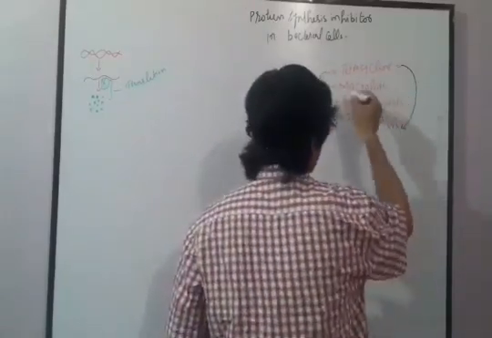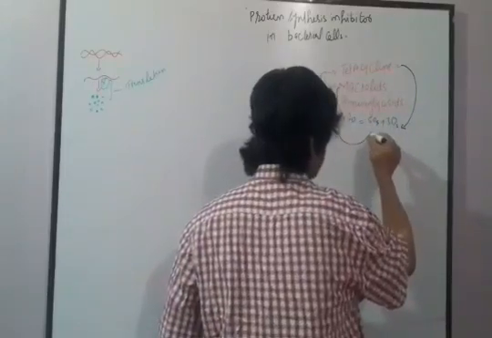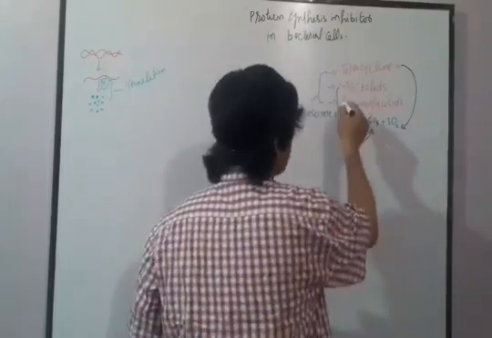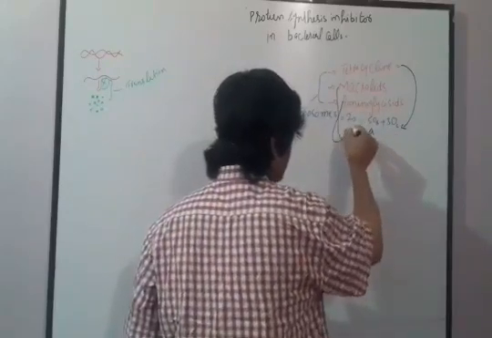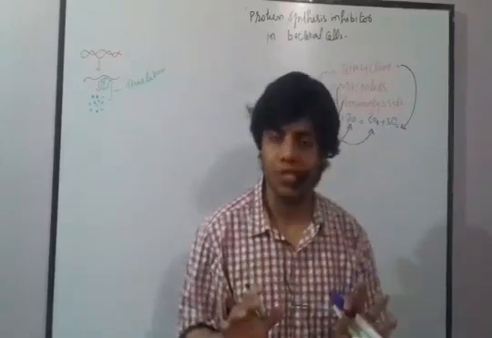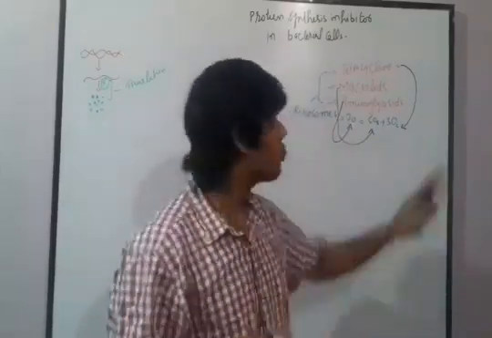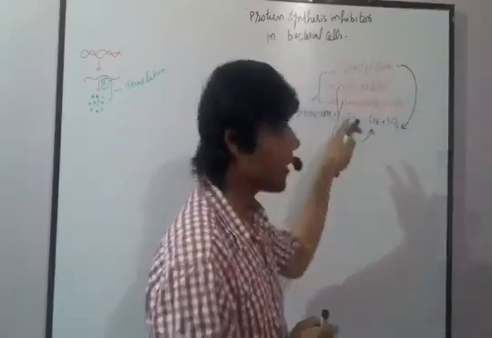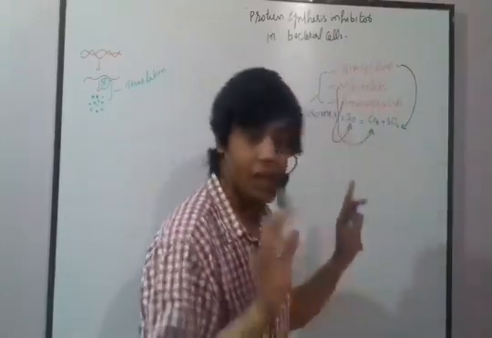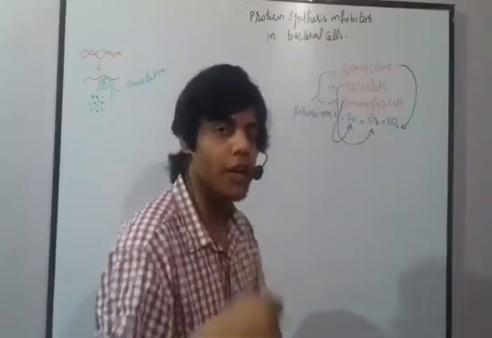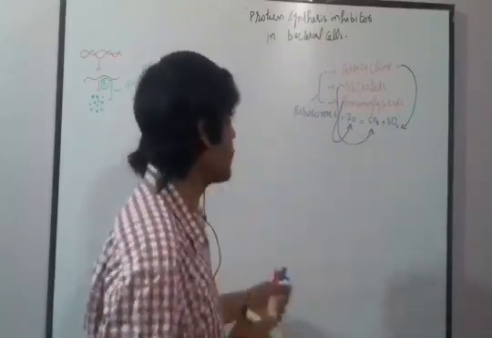Macrolides will attack the 50S subunit to stop protein synthesis, and aminoglycosides will attack the 70S ribosome to stop protein synthesis. So these are the drugs, their mechanisms of action, and their target sites. Inshallah, we'll talk about them in detail in our next video lecture.